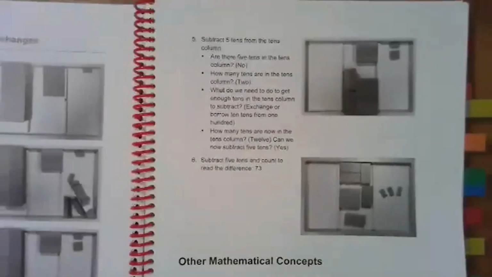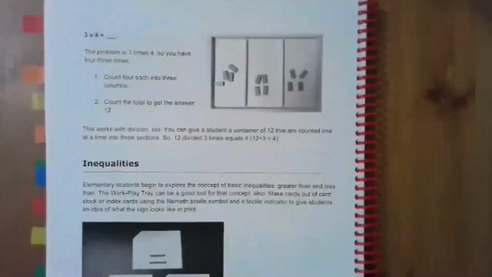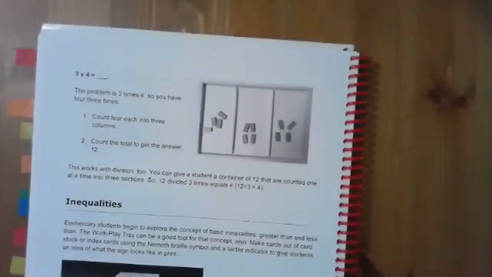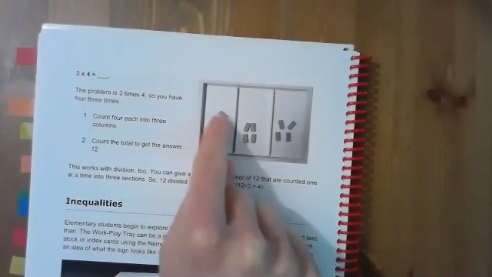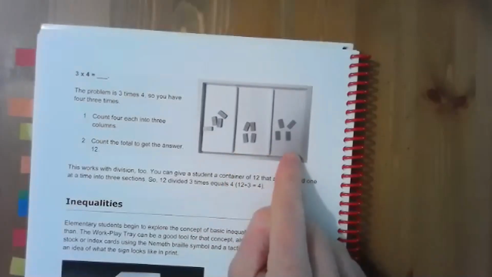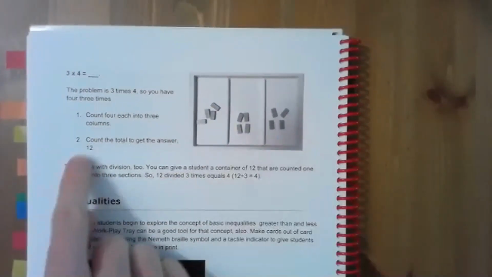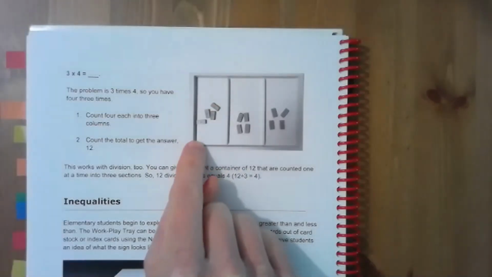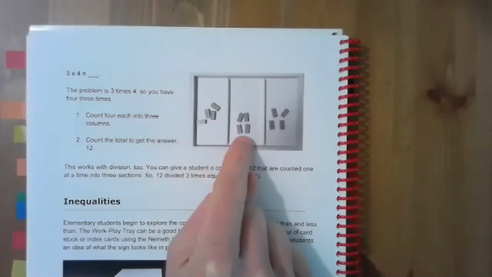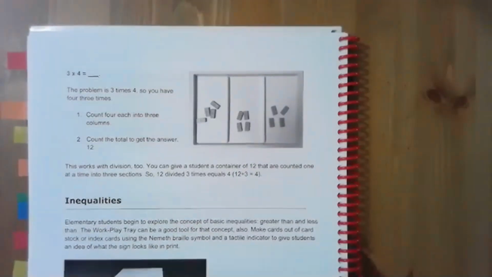With younger students, you can use the workplay tray to set up the tray into 3 columns, and you can put digits in each column, and then multiply, count the total. So you count the number of blocks that are in each column.